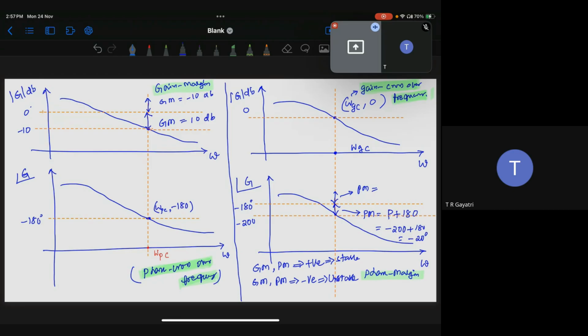In the s-domain we look at the poles with respect to the j omega axis, whether they are on the left side or right side. Here in the frequency domain we decide stability based upon the signs of the gain margin and phase margin. Hope this is clear. We will solve one problem and then get into this week's content.